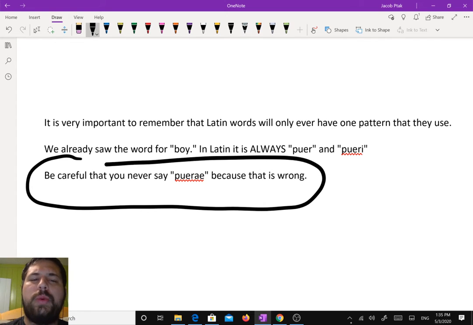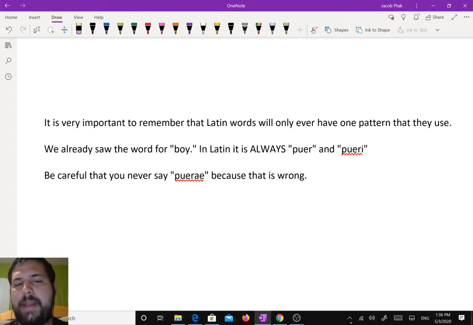Be careful that you would never say puerai, because that's wrong. Words have their pattern and they stay in their pattern. We've seen two patterns. Puer, pueri, puella, puellae. Don't mix up the patterns.